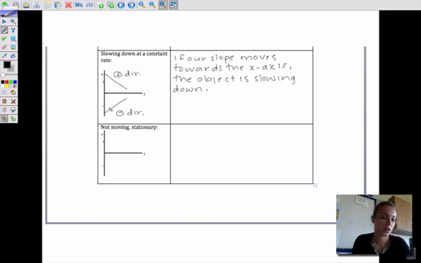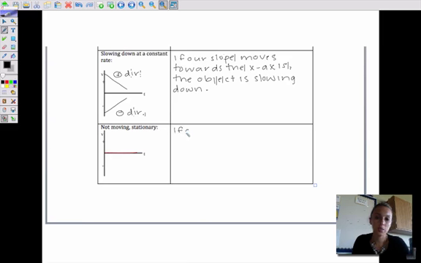Now, if an object is not moving, which means it's stationary on a velocity versus time graph, that means the line is actually on the x-axis. I'm going to change my ink color so you can see it. That means it's going to be on the x-axis.